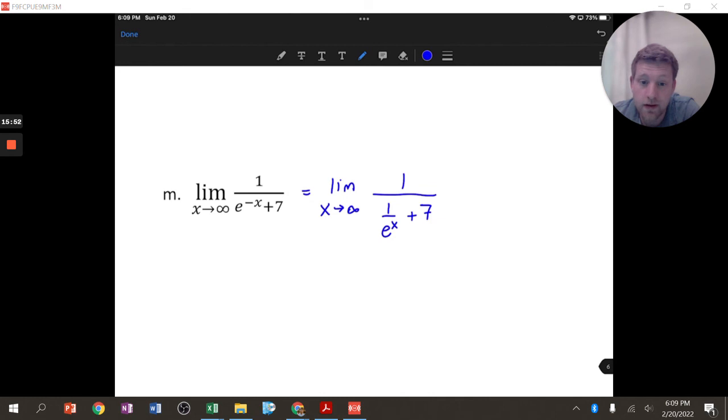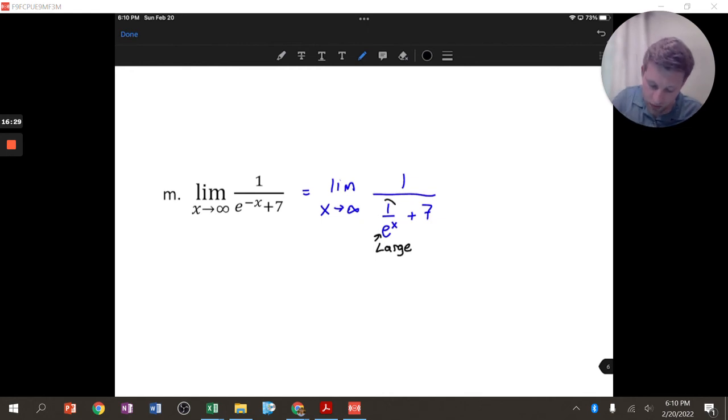So we've already said what happens to this e to the x term as x goes to infinity. e to the x also tends off towards infinity. So if this is a ratio here of 1 over something very large, well, 1 over something very, very large is actually tending off towards 0. The larger our denominator gets, where we have a fixed numerator, we will have a value of 0 that it will tend towards.